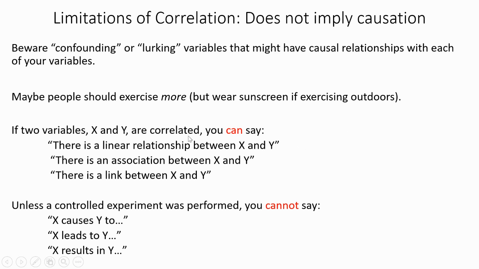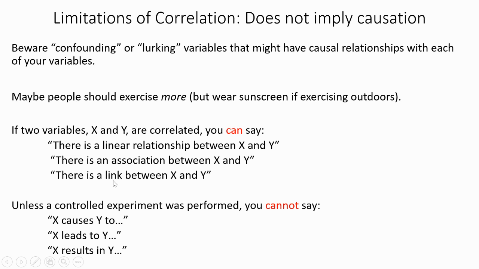Okay. So when you talk about variables that are correlated, we want to use some specific language to not overstate what we know. So we can say that there's a linear relationship or an association or even a link, because after all, there is a link between skin cancer and exercise.